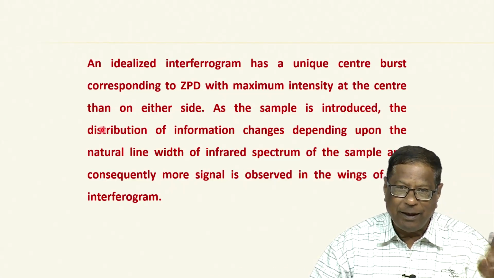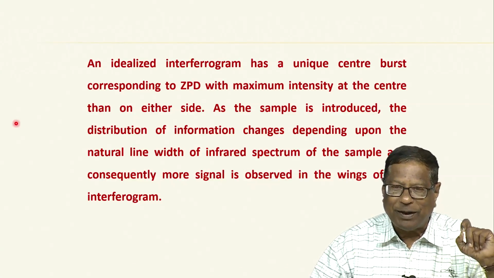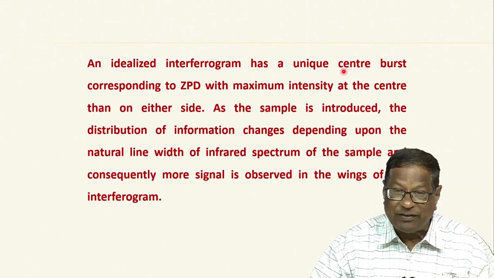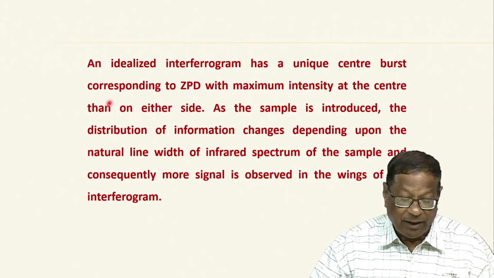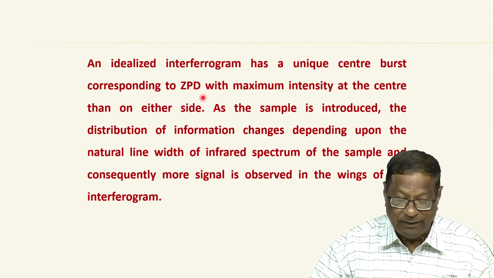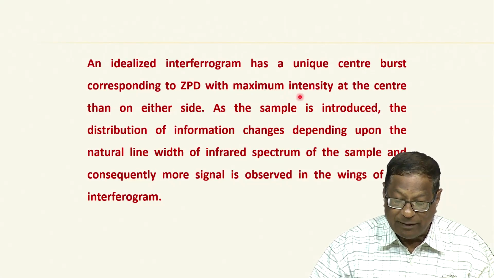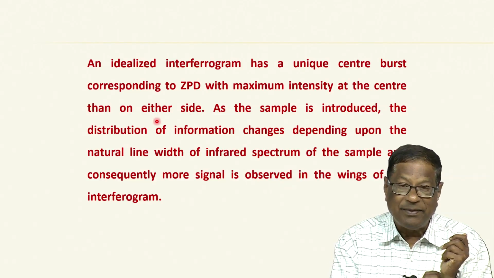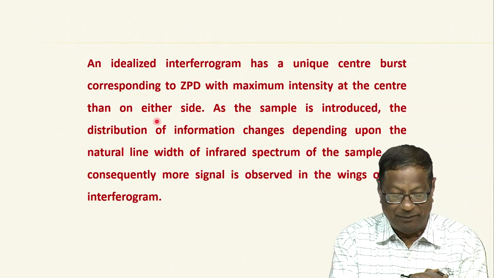So, like that interferogram also can be plotted like that. An idealized interferogram has a unique center burst corresponding to 0 path difference with a maximum intensity at the center than on either side.